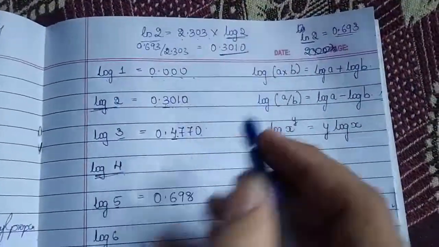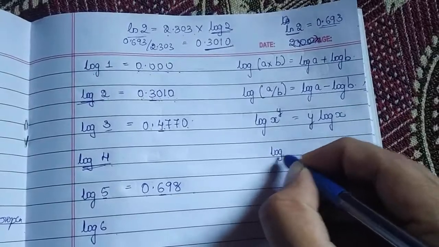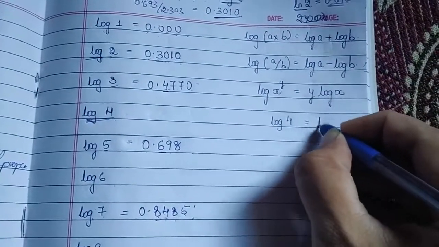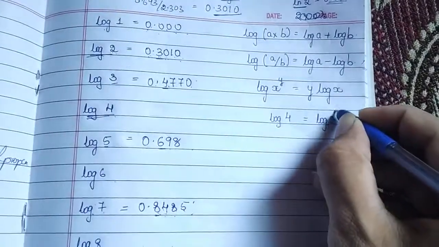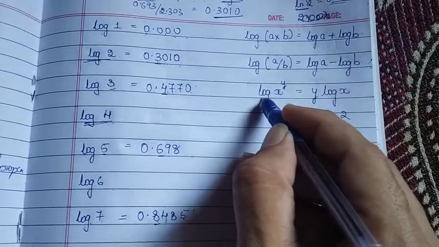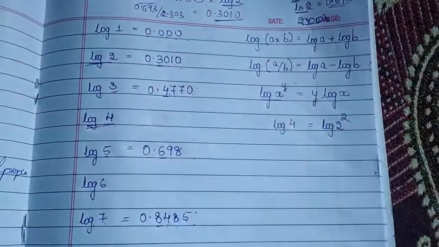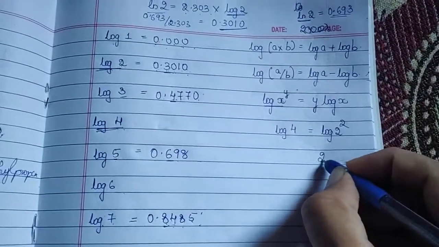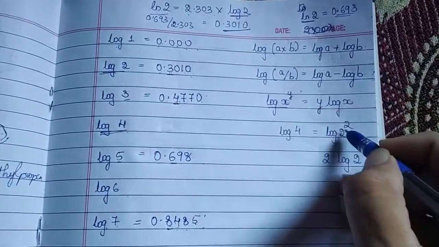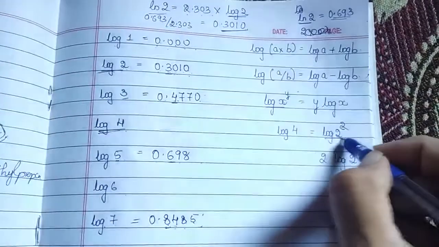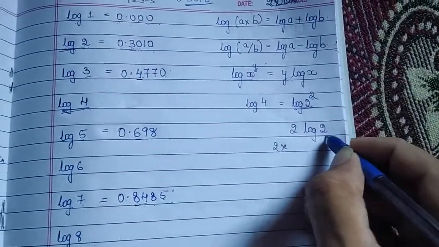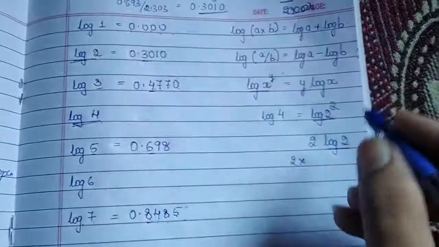So of course now log 4. How can you write this? This can be written as log of 2 square, which is of the form log of x to the power of y. That means y into log x, here 2 into log 2. I know log 2 is 0.3010.